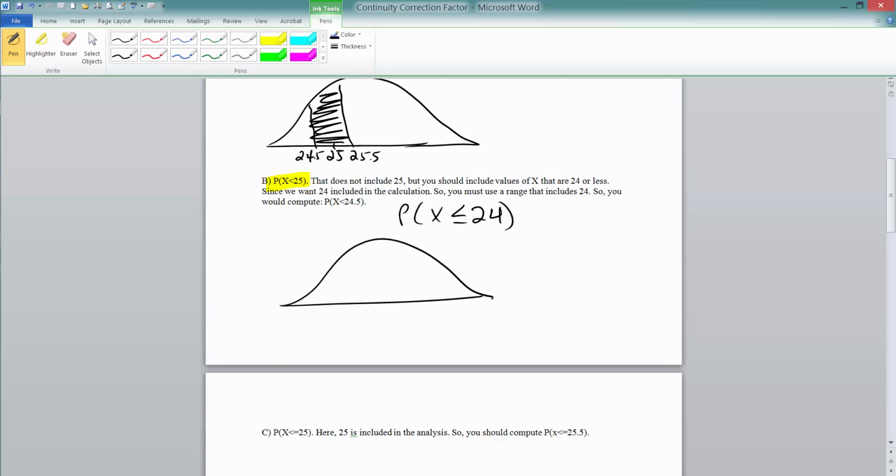So if I'm using the normal distribution, I want 24 and anything less than that in this end. But I need to add the continuity correction factor and make this 24.5 so that that value of 24 is included in the range. So it would be 24.5 or less, as my answer to you in my handout tells you.